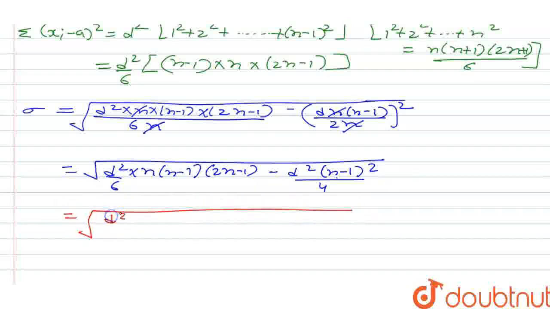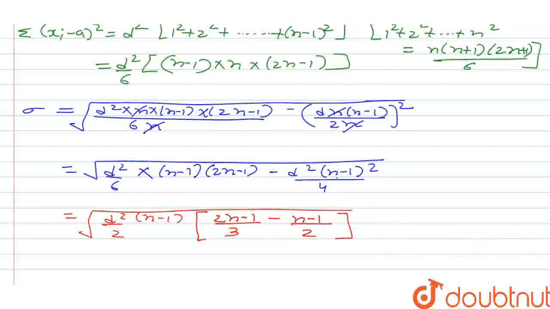So d square by 2 into n minus 1, this n was cancelled, we have written by mistake. So here n minus 1 is already taken out common. So here 2n minus 1 will be there and 2 is common, so 3 will be here, minus, here one bracket of n minus 1 is taken common, so n minus 1 by 2 is remained.